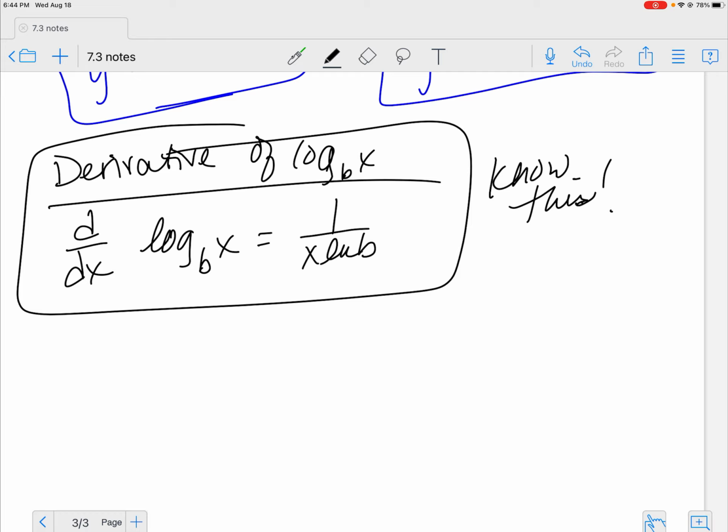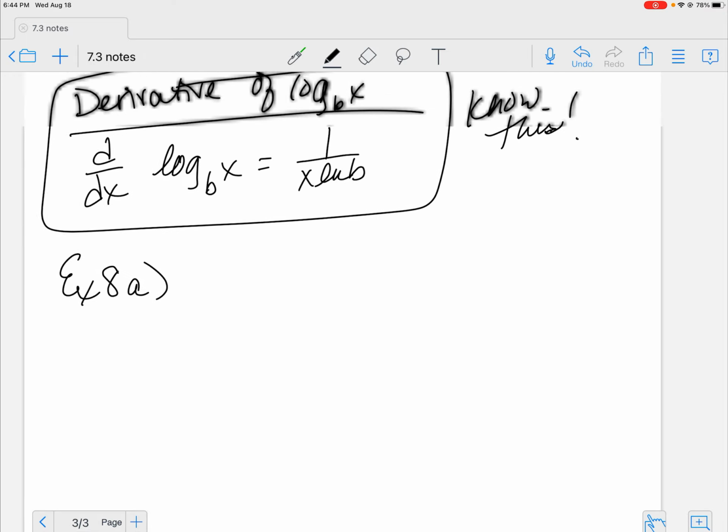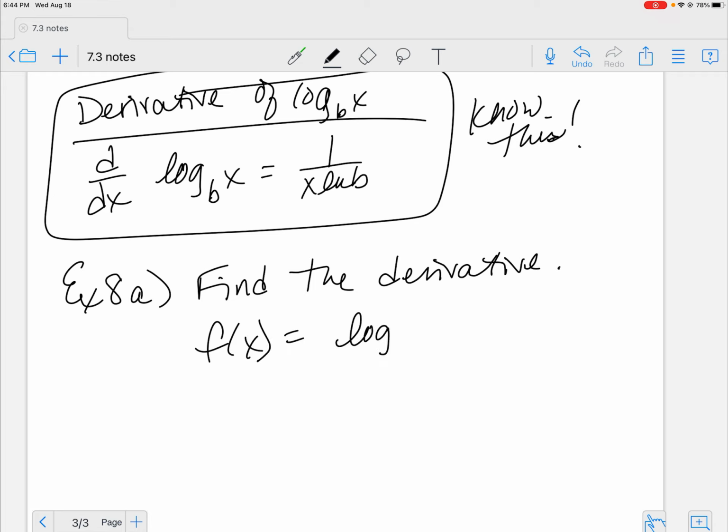All right, let's do an example. So here is example 8a. I want to find this derivative. Find the derivative of f of x is equal to log base 5 of 2x plus 1.